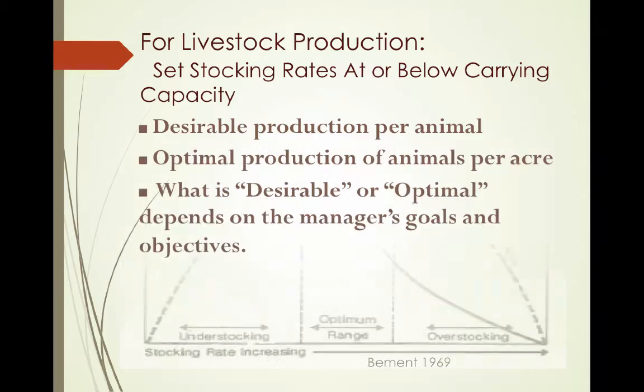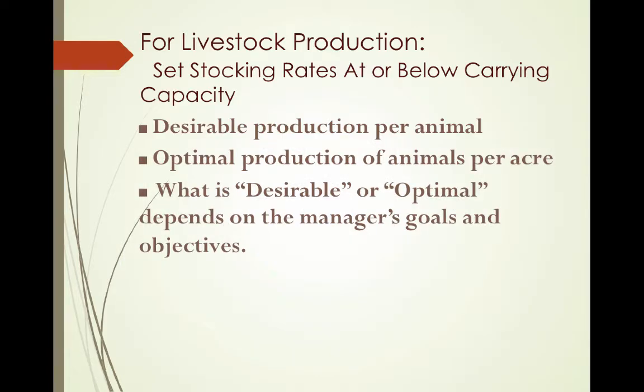So in livestock production, we really focus on setting our stocking rates either at or below carrying capacity. And this ensures a couple of things. First of all, it is going to ensure that we have desirable production on a per head basis, so that we are reaching target weights by just letting animals go out and graze. If we're understocked, we're not going to have a very big paycheck because we're not going to have very many animals.